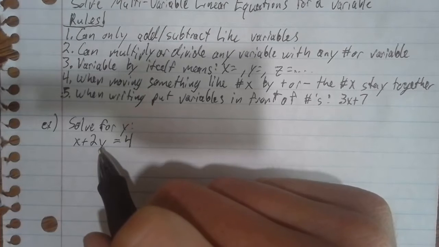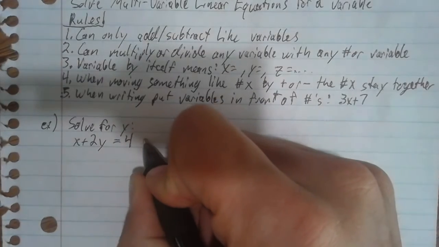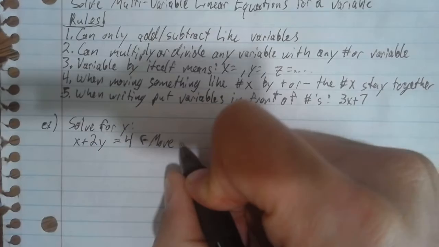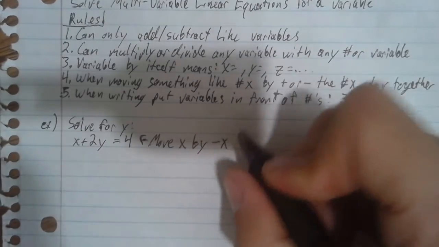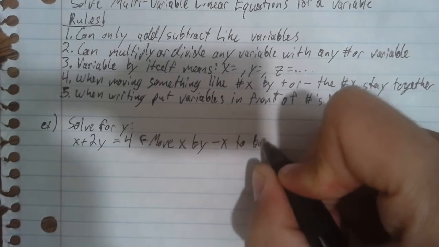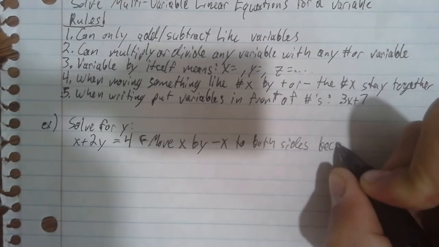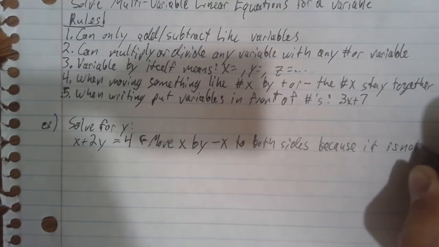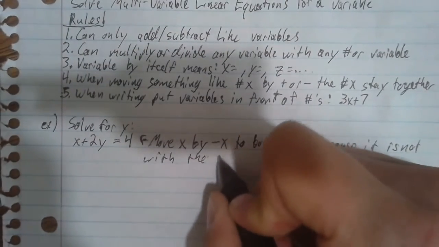So we are going to move the thing not with y. The 2 is with y, so we're going to move the x. So we're going to move x by subtracting 1x to both sides, because it is not with the y.